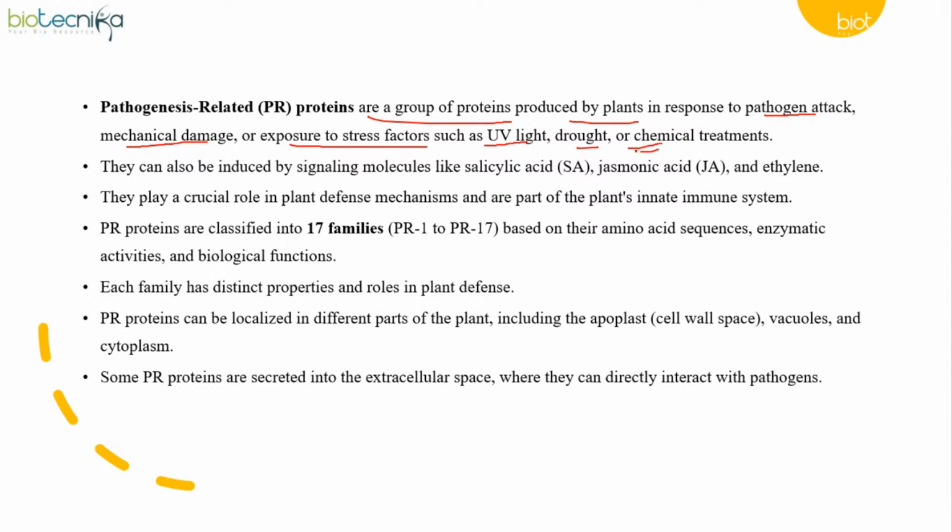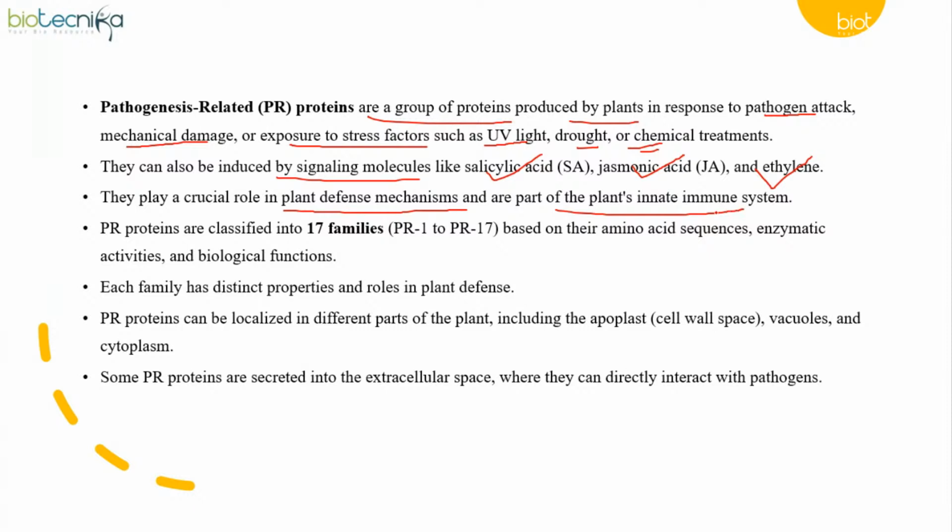Apart from that, they can also be induced by signaling molecules, that means specific hormones like salicylic acid, jasmonic acid, even ethylene. They play a crucial role in the plant defense mechanism, and they are part of the plant's innate immune system as well.